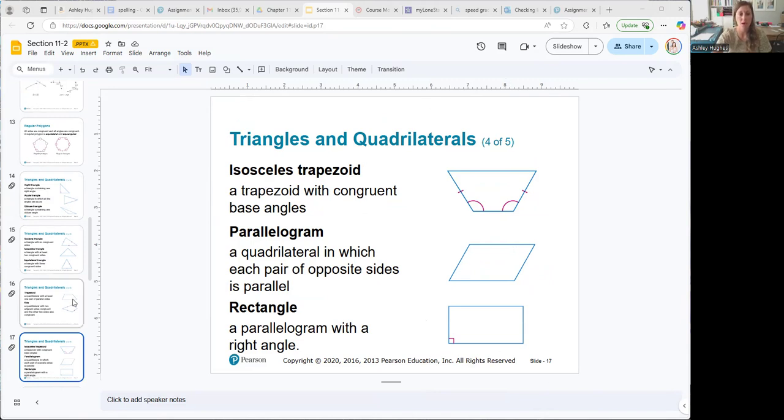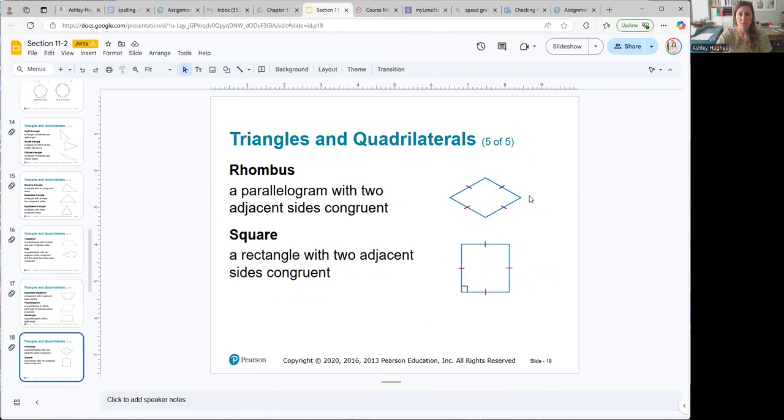A rectangle has one right angle. A rhombus is a parallelogram with 2 adjacent sides congruent. So basically all 4 sides are equal to one another and their opposites are parallel. A square has 2 adjacent sides congruent, but also a right angle. So a square has equal sides and equal angles.